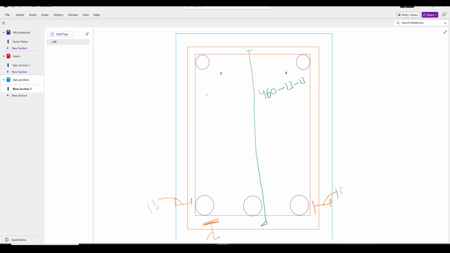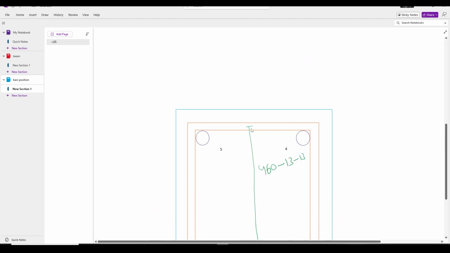Let me check. At the top we need to again calculate the distance. We know this distance is 25. Similarly this distance is 5 and this distance will be 4, and for the stirrup we need to find this distance.